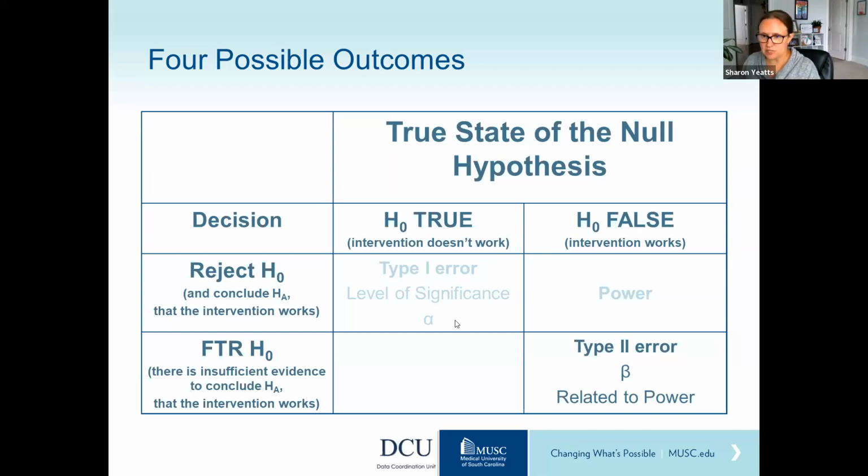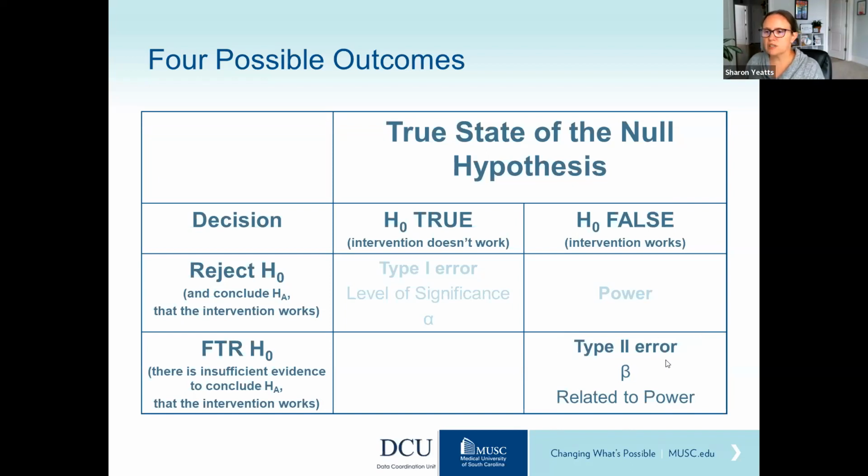The other potential mistake that we can make is the scenario where the null hypothesis is false, so the intervention does have an effect, but at the end of the day, our statistical test is not significant. And so we are left to conclude that there's not enough evidence to demonstrate an effect of the intervention. Okay? This is referred to as a type 2 error.